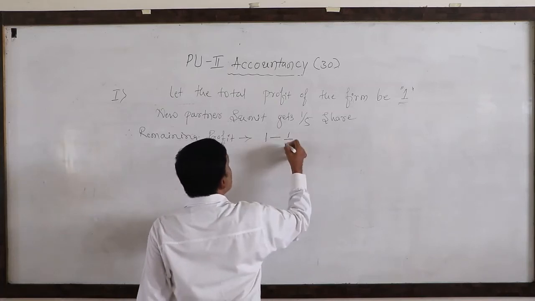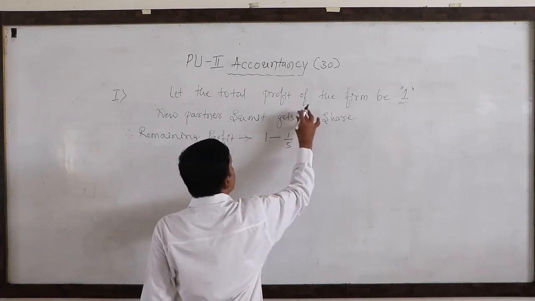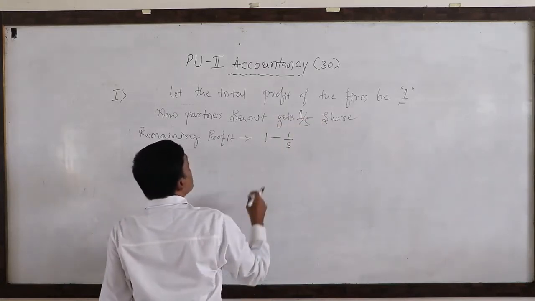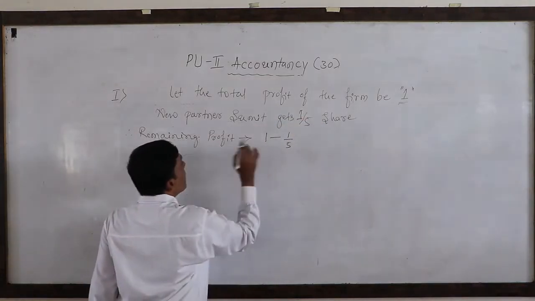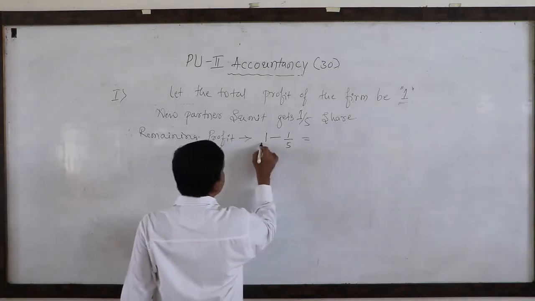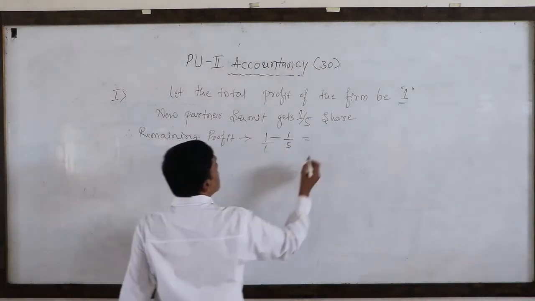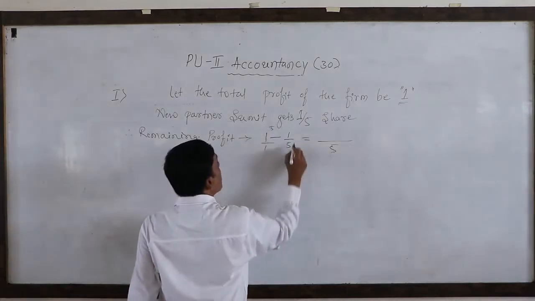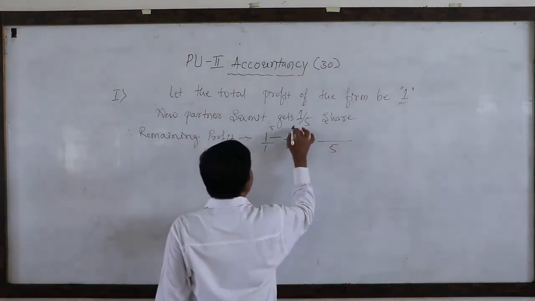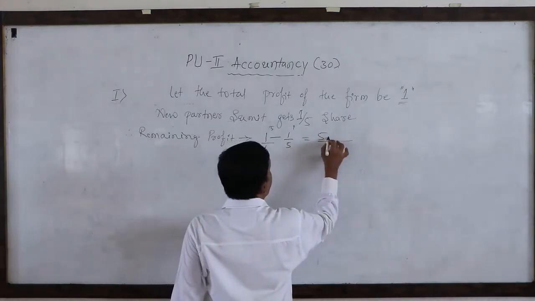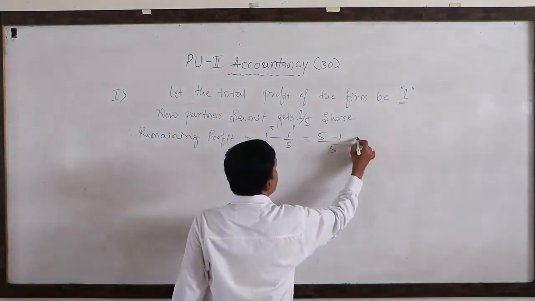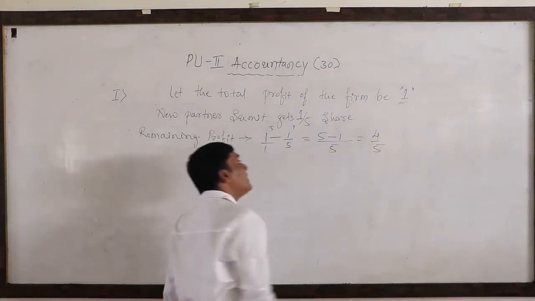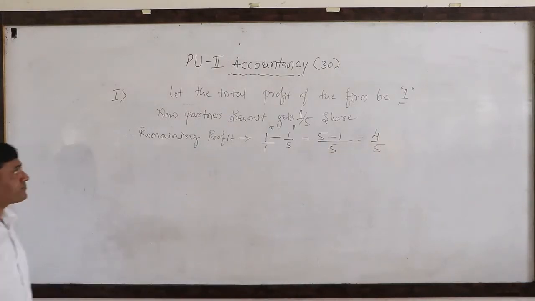The new partner, Sumit, gets 1/5 share. Therefore, the remaining profit after giving the new ratio to Sumit will be 1 minus 1/5. So we have to deduct 1/5 from the total profit. So there will be 1, the LCM will be 5. 1 fives are 5, 5 minus 1 is 1... so 4/5 is the remaining profit.